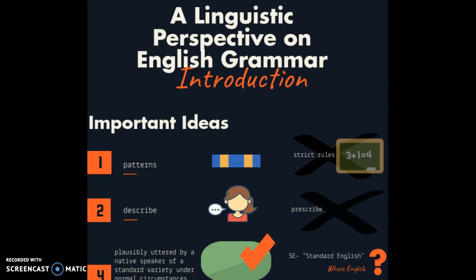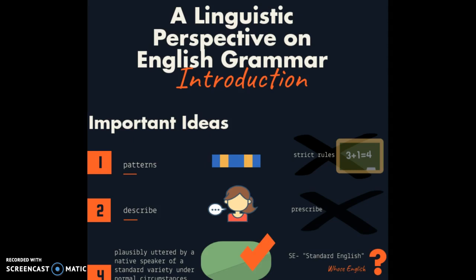And understanding that language follows patterns, not strict rules, is very, very important because grammar books often list grammar rules and treat them as if they're like math, like 3 + 1 always equals 4. But in language, what we consider as grammatical, or better yet, what we say or write, really depends.